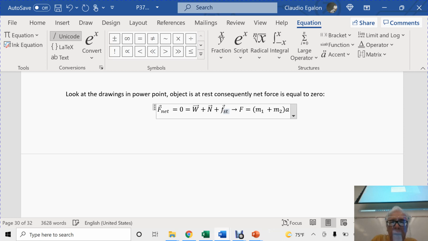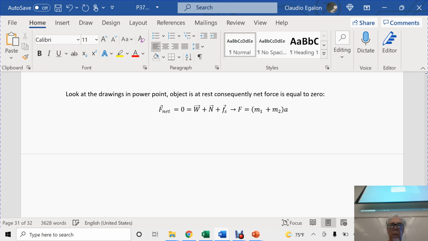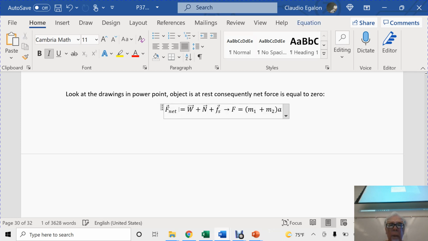I'm not gonna put maximum, I'm just gonna put force of static friction. Because the object is at rest, that should be equal to 0.